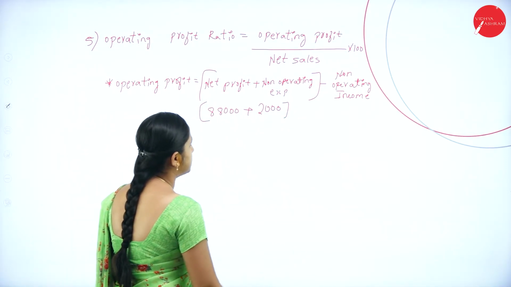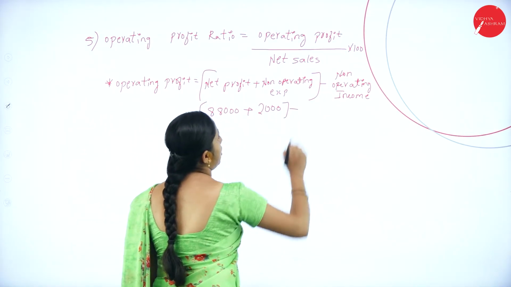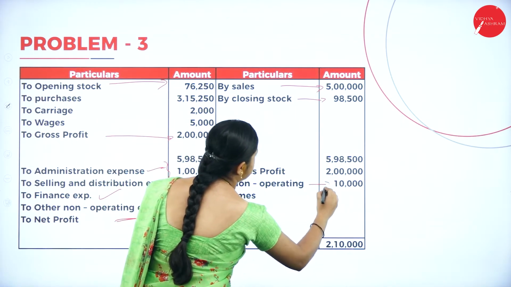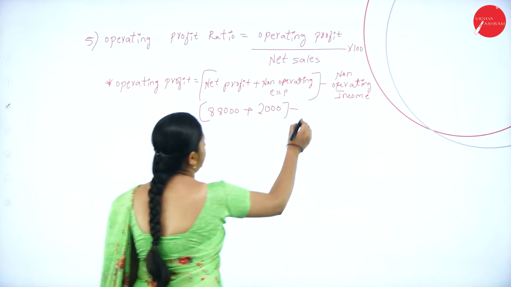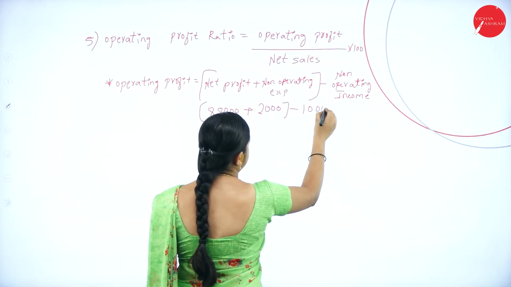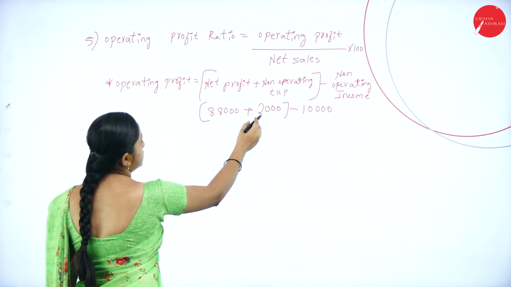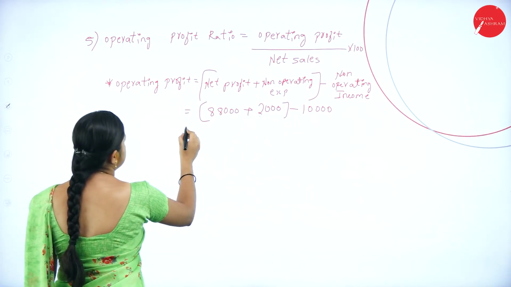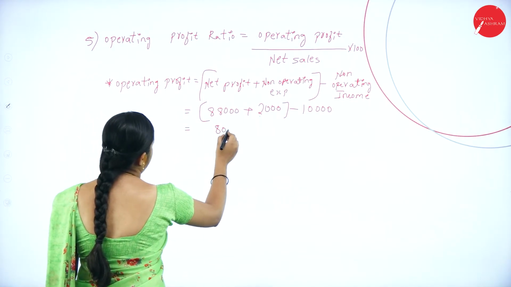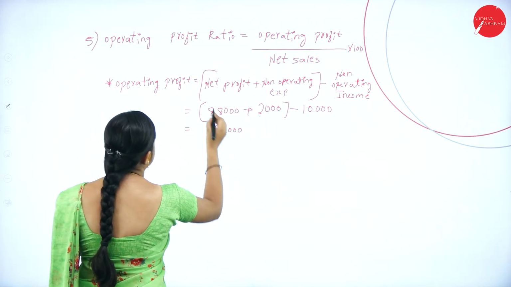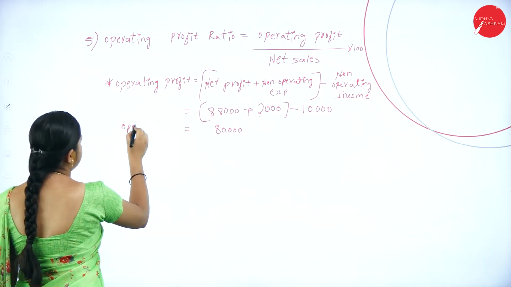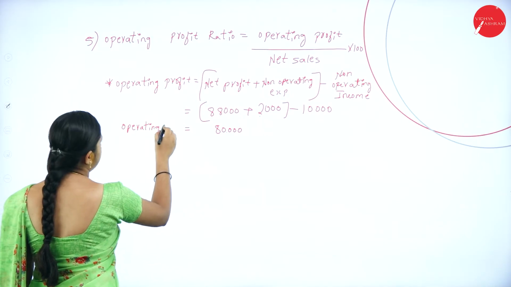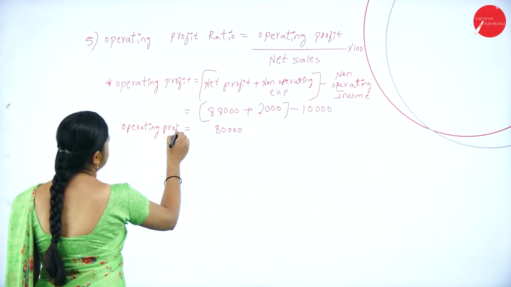Minus non-operating income, which is 10,000. 88,000 plus 2,000 is 90,000. 90,000 minus 10,000 is equal to 80,000. 80,000 is operating profit.